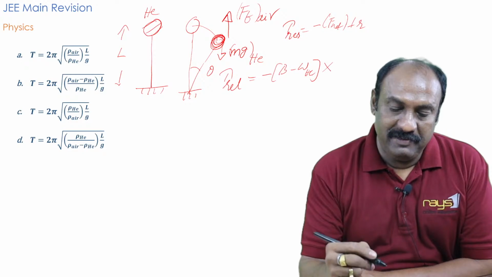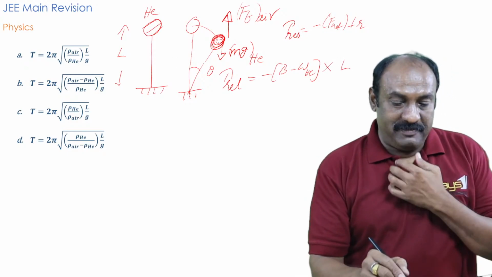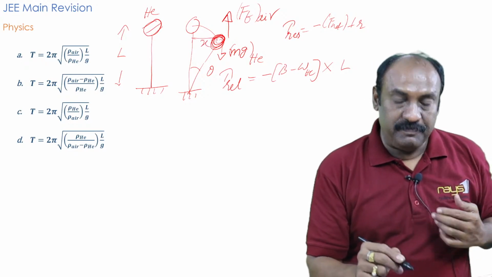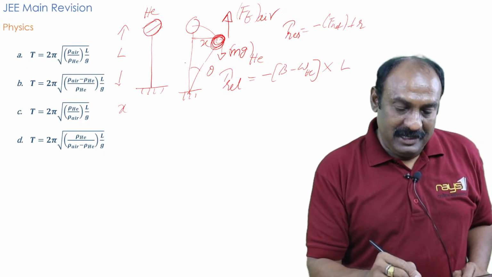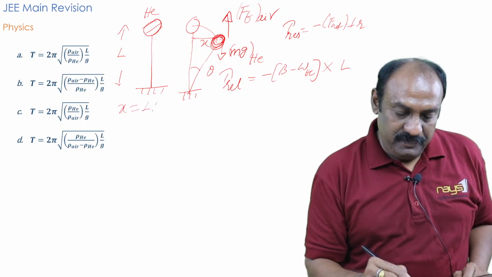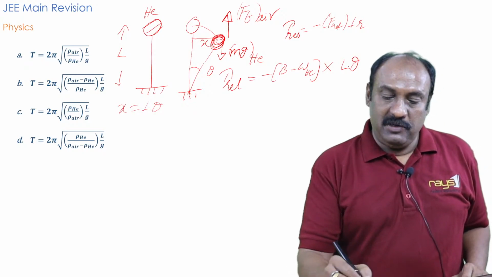What is the perpendicular distance here? This is the perpendicular distance x. This arc length is x, and arc length equals radius into angle. So the perpendicular distance x is equal to L into theta.